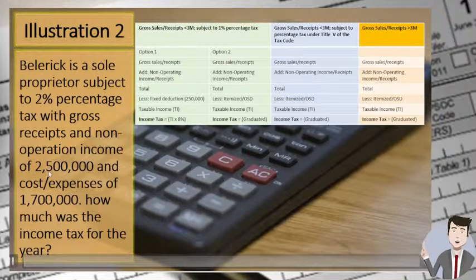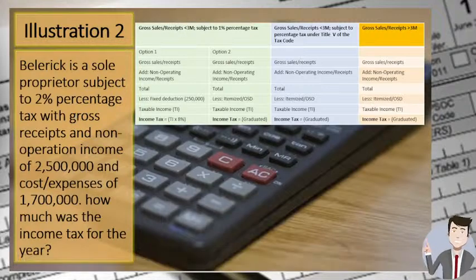So, yes, Mr. Belleric complies, but he should be subject to 1% tax. As provided in the problem, Mr. Belleric is subject to 2% percentage tax. Maybe that is a franchise tax under the tax code. But again, that is subject for your tax 2 next semester. I will not discuss that one.